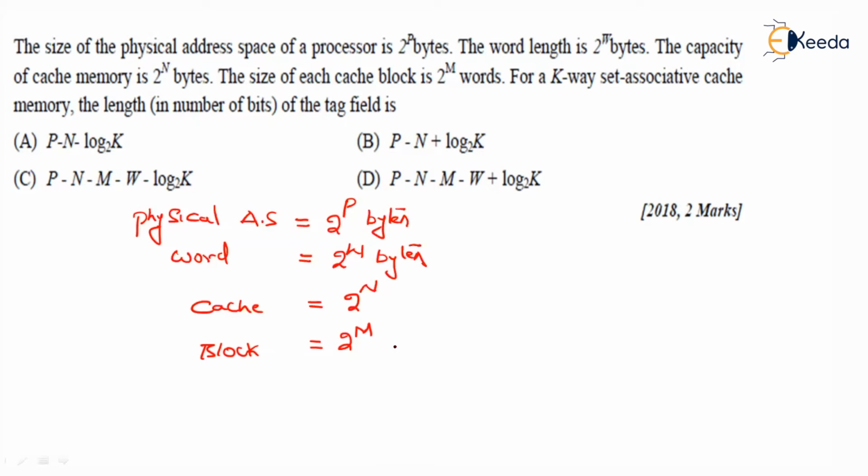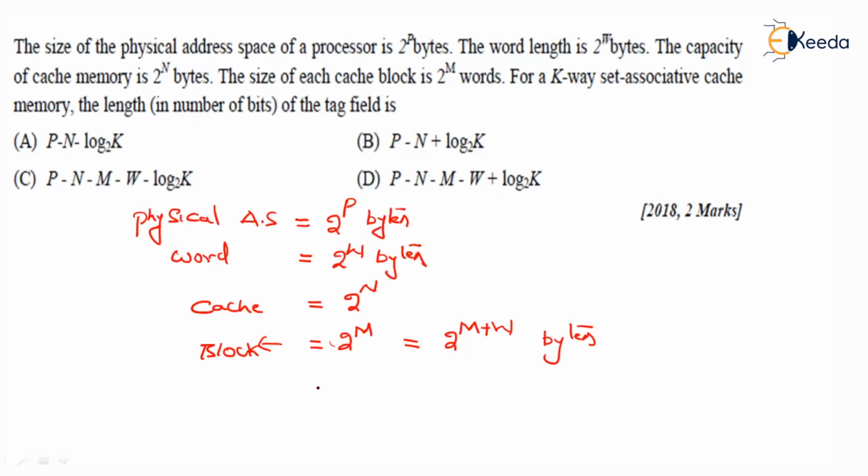So it will be equal to 2 power m into 2 power w, that is 2 power m plus w, because one word is equal to 2 power w bytes and one block is equal to 2 power m words. So we need to multiply the number of words by the number of bytes per word, and we get the total number of bytes per block: 2 power m plus w bytes.